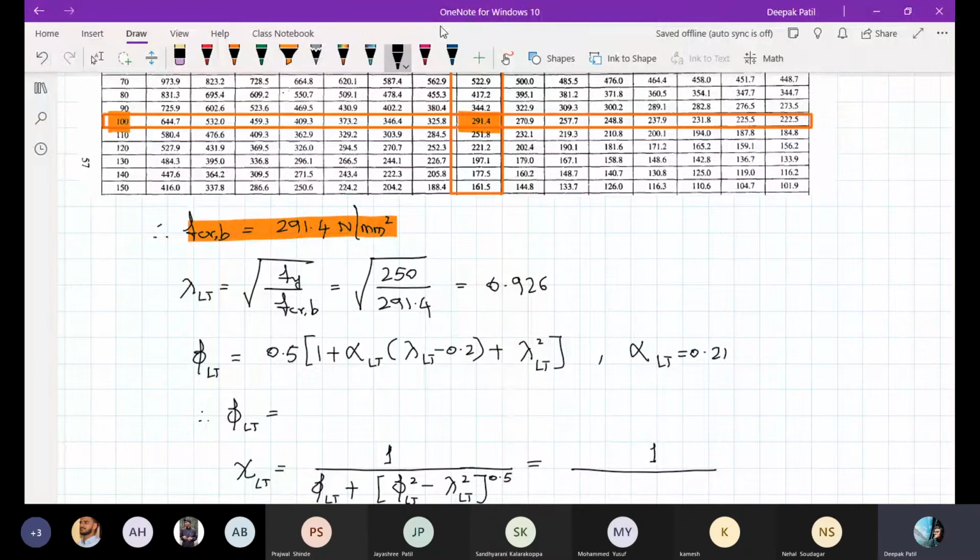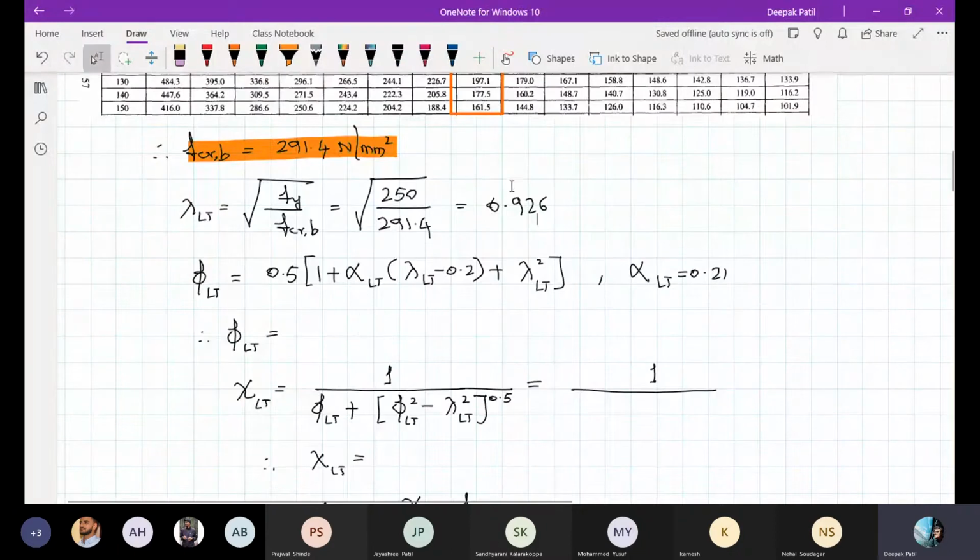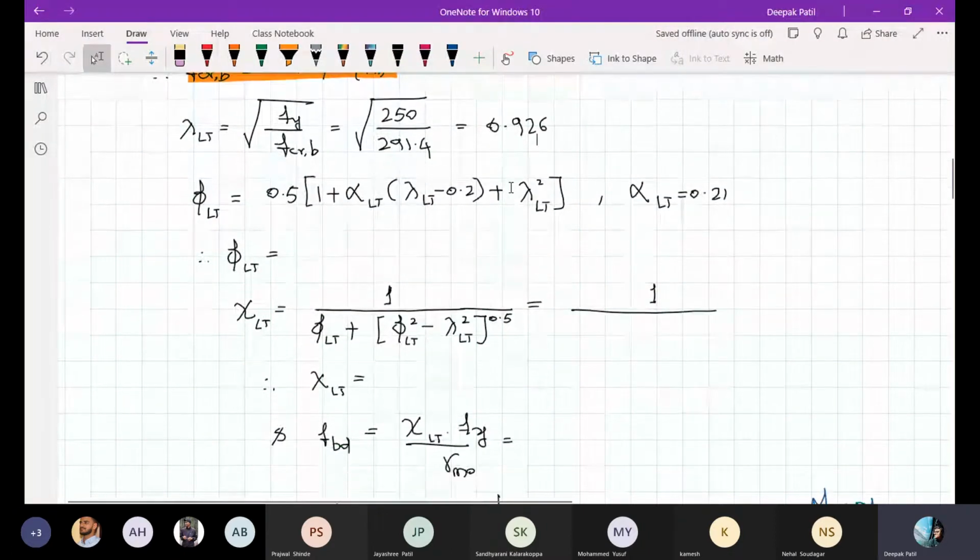Now, once we calculate lambda LT, we can easily calculate phi LT, which is given by this equation, where alpha LT is equal to 0.21, because I have told you for all the rolled sections, the alpha LT value will always be equal to 0.21.